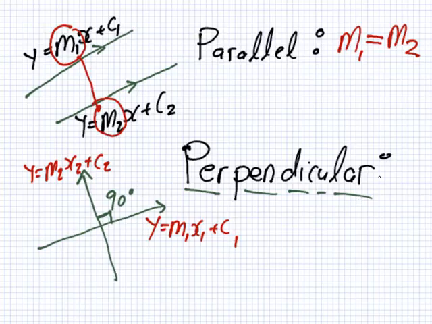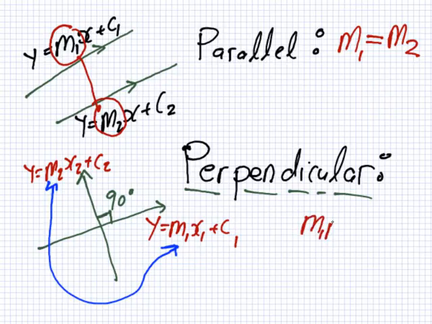New word, huh? Now, does anybody know the relationship between the m's when they're perpendicular? Minus 1. That's it. Or another way to say it is m1 multiplied by m2 equals minus 1.